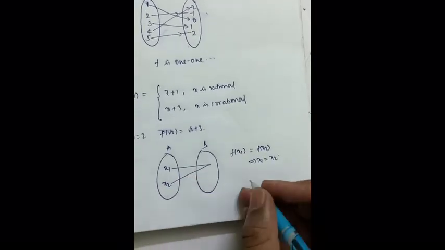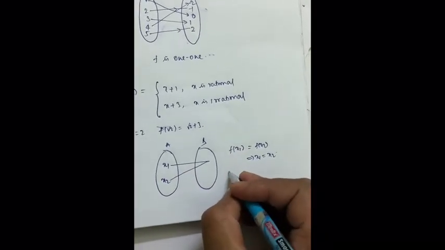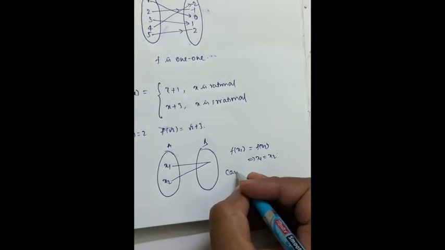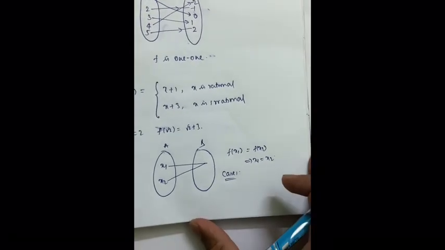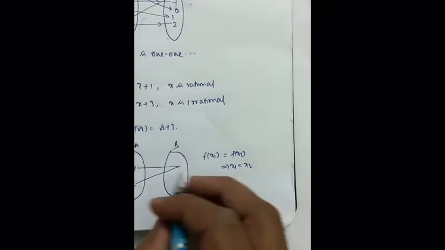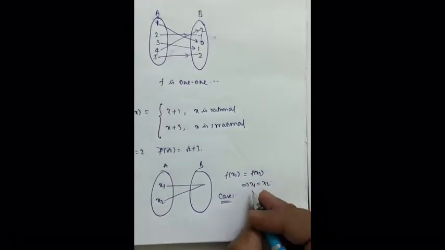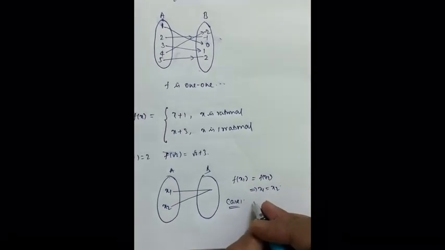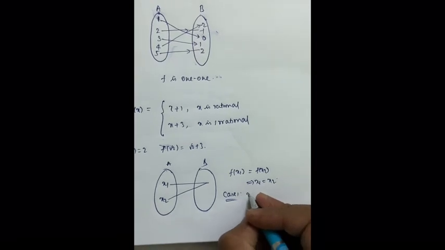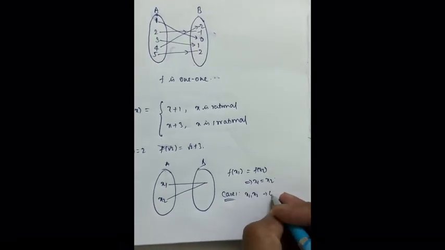So we will take 3 cases here. Why do we have to take 3 cases? Because 3 combinations are possible for x1 and x2. Case 1: x1 and x2 both rational.